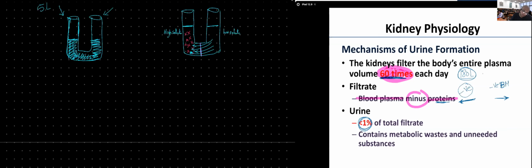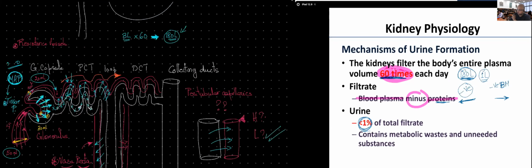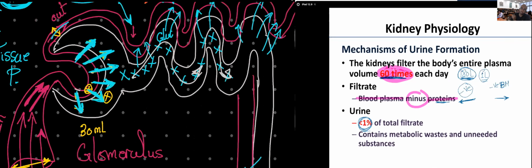Let's say we'll be releasing half liter or 1 liter of urine per day. So 1 over 180 is much less than 1%, almost 0.5% even. So urine is representing less than 1% of the total filtrate that traveled from the glomerulus to the Bowman's capsule.